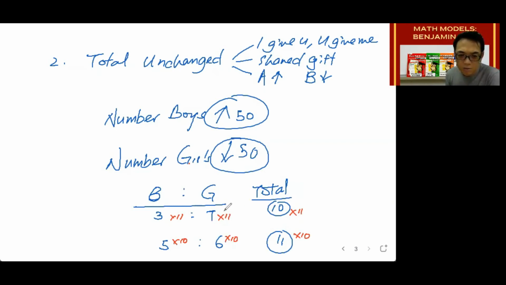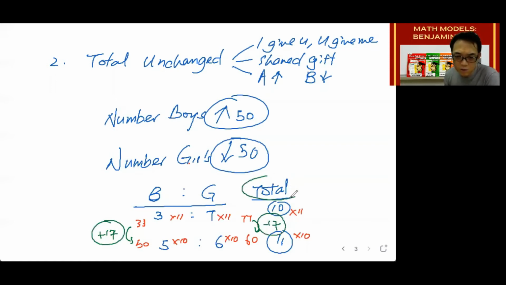Okay, now you can see here, I now have 33, and this is 50, and when you multiply this, you are going to get 77 and 60. If you were to look carefully here, you can see that this has increased by 17, and this has decreased by 17. The numbers are the same.